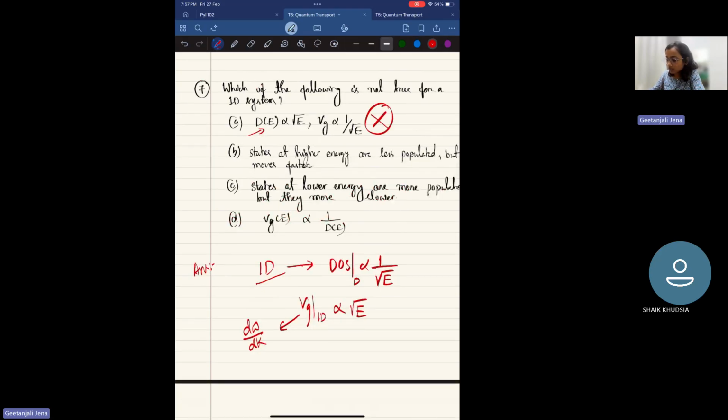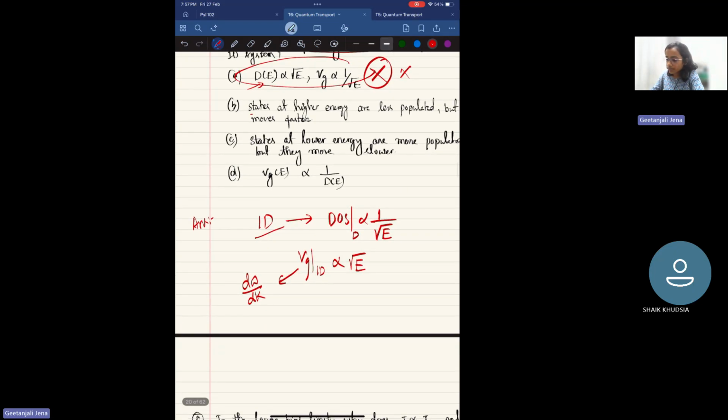This is one of the answers to what the question is asking, which of the following is not true. That means this is not correct. Let us see option B. Option B says states at higher energy are less populated, but they move faster.